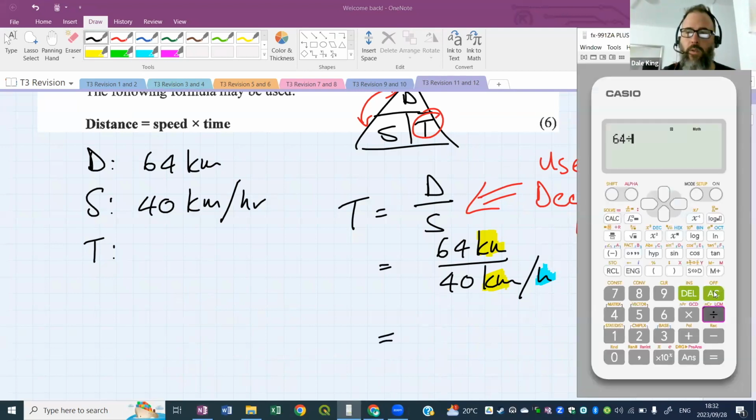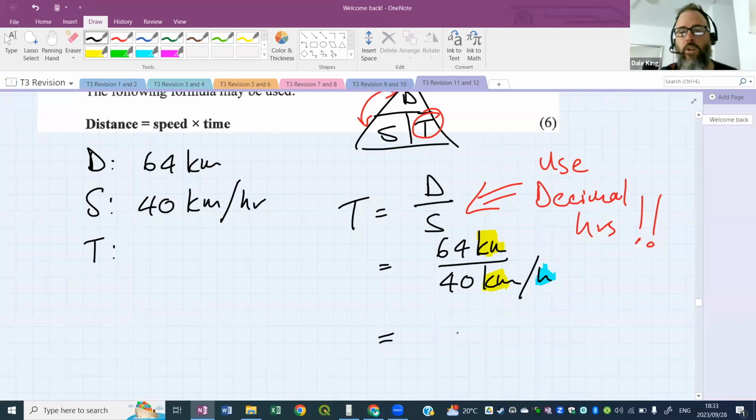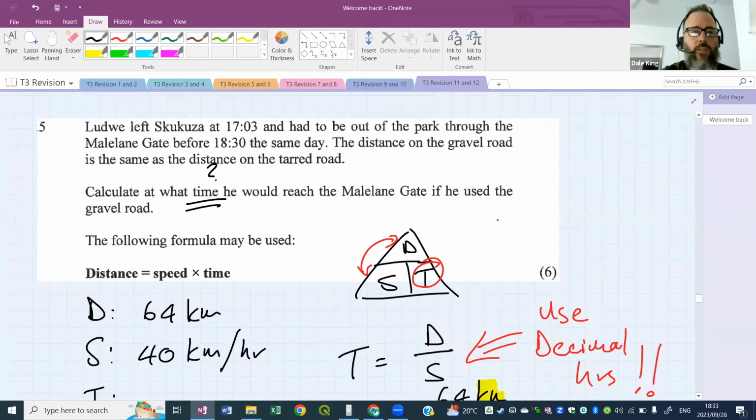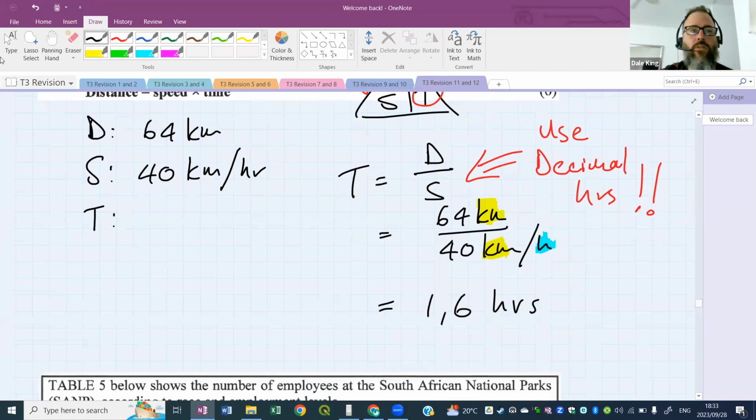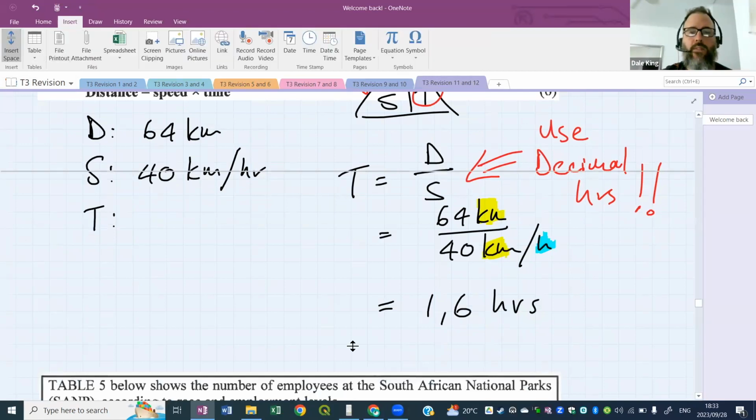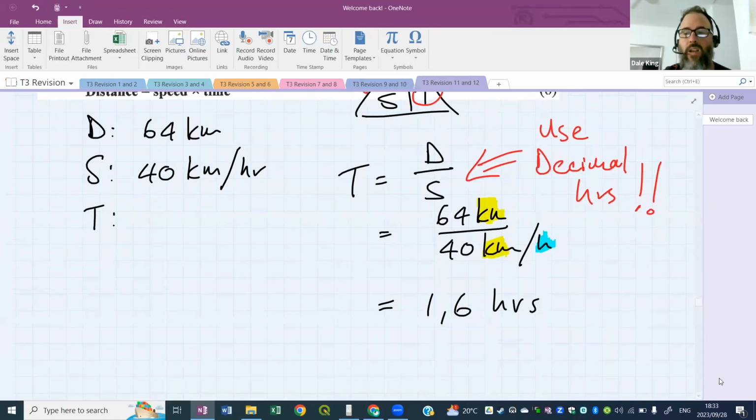Okay. So 64 divided by 40 gives us 1,6. There we go. 1,6 hours. All right. Now, what does the question say? Calculate at what time he will reach the gate. So we actually have to change this into hours and minutes. We need to work with hours and minutes here.